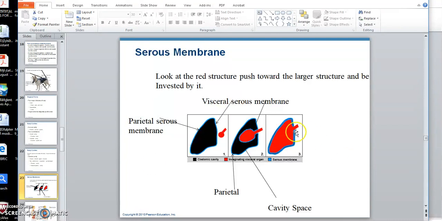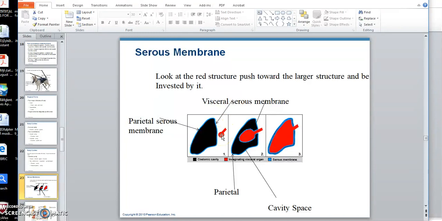Okay. In this drawing here, I want you to look at the red structure pushing towards this larger structure. This is kind of symbolic. Assume on every serous membrane there are two layers: something called a parietal layer, which is more on the outside, the periphery, and another layer called the visceral layer. Visceral means organ, so this particular layer will stick directly to the organ.